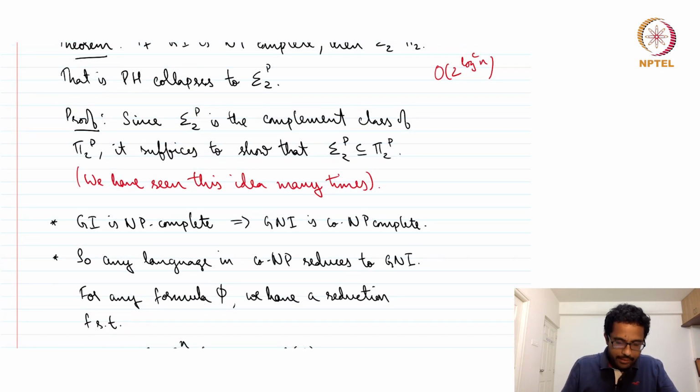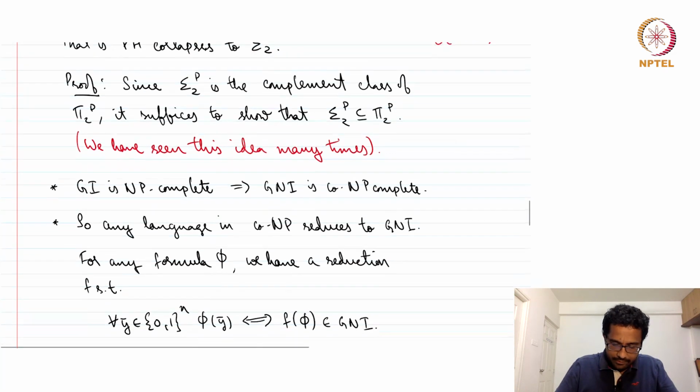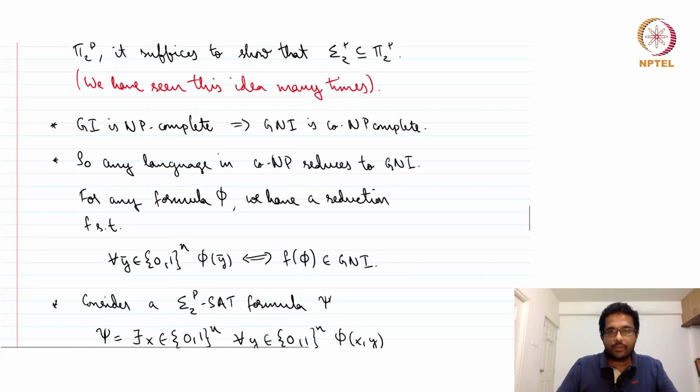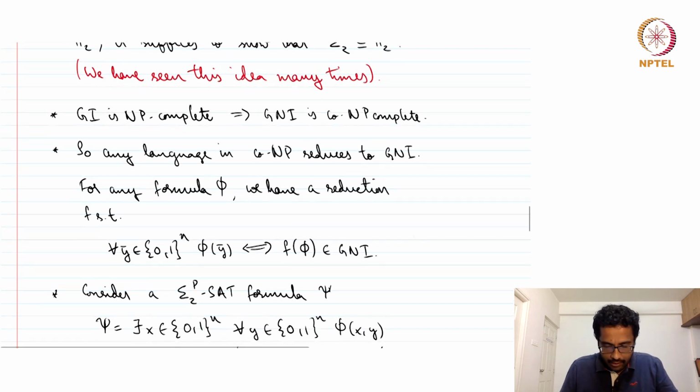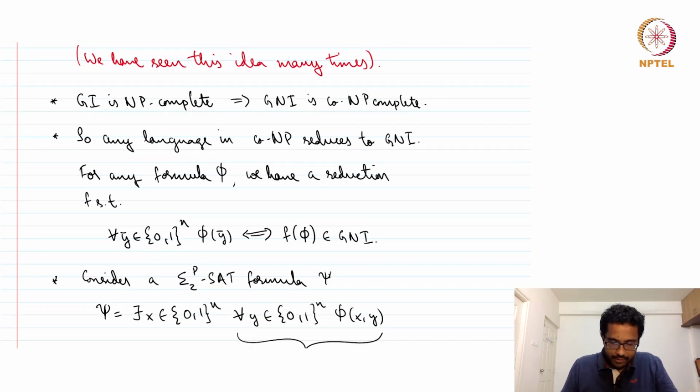By assumption graph isomorphism is NP complete, which implies that graph non-isomorphism is co-NP complete. This implies that any language in co-NP reduces to graph non-isomorphism. Right? So which means, given a formula phi, this is tautology.